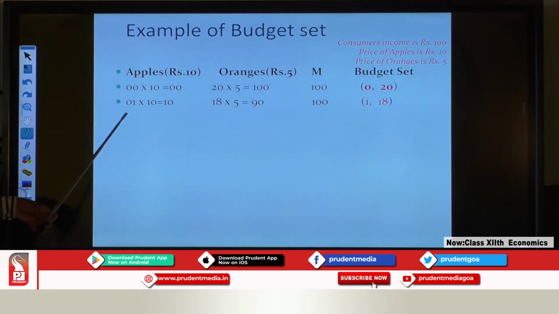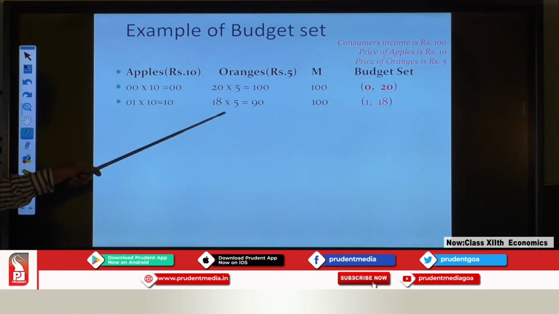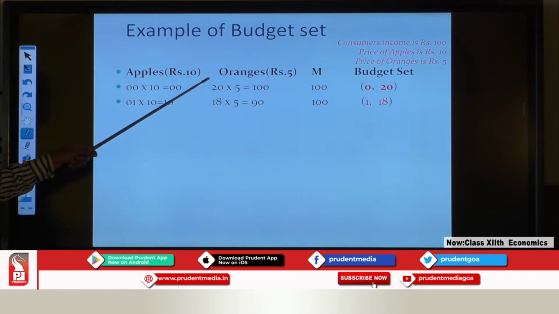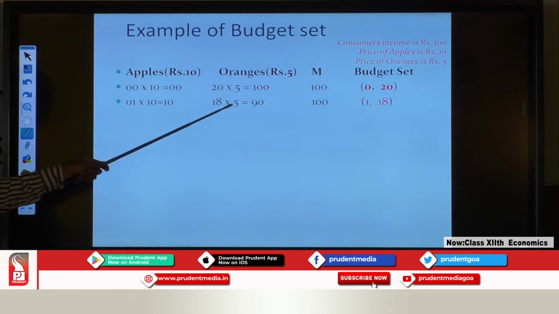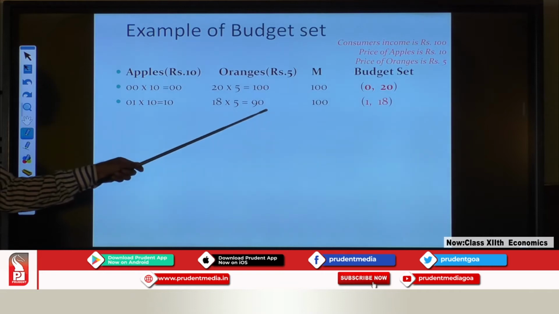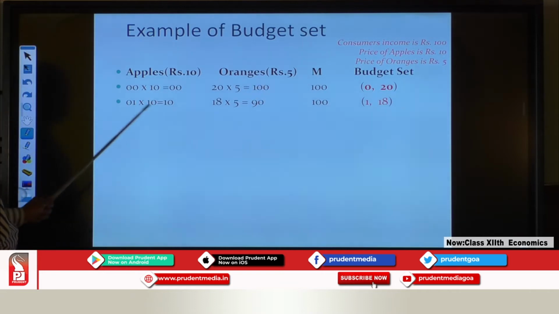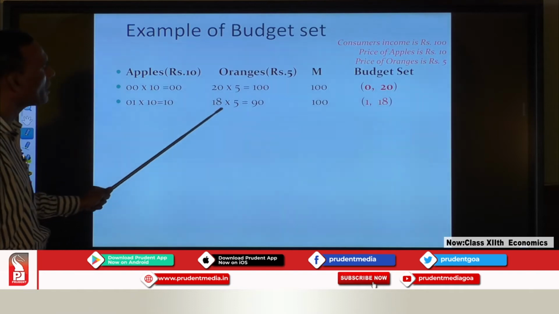I buy one apple costing 10 rupees, so it gives me 10. I reduce the purchase of oranges from 20 to 18, cost is 5, so it gives me 90. Income is 100, so 1 apple and 18 oranges.